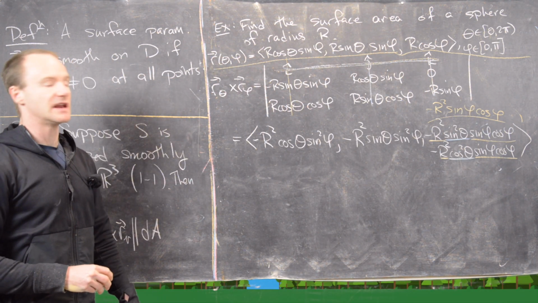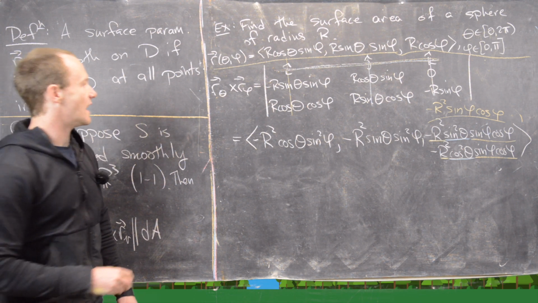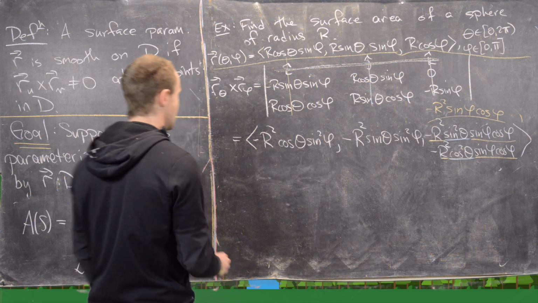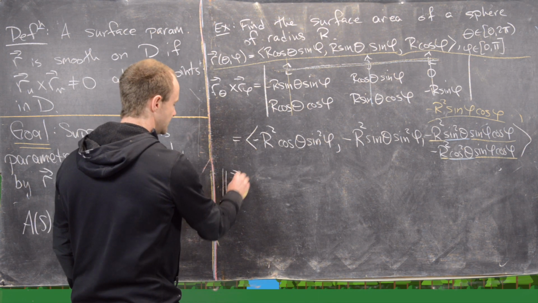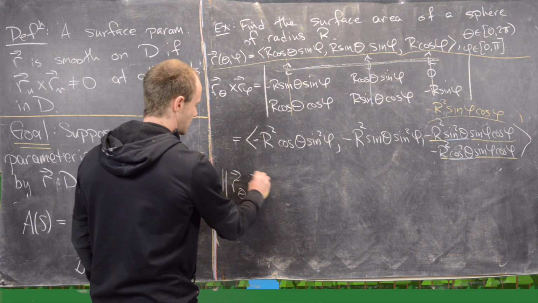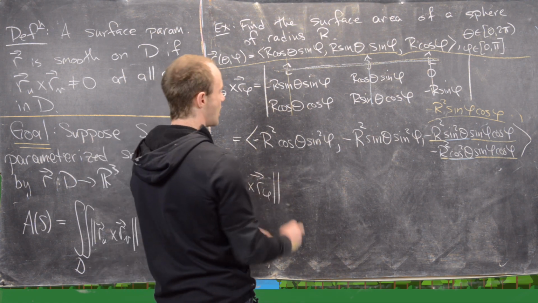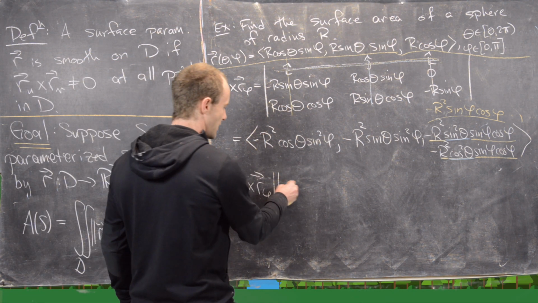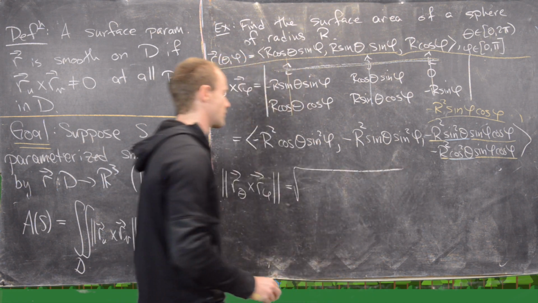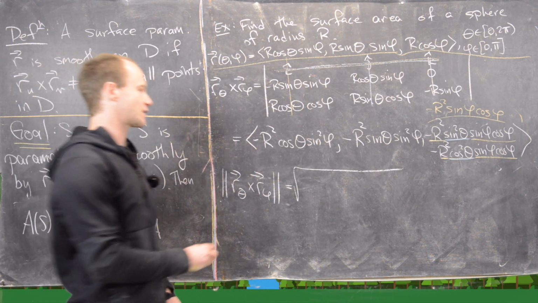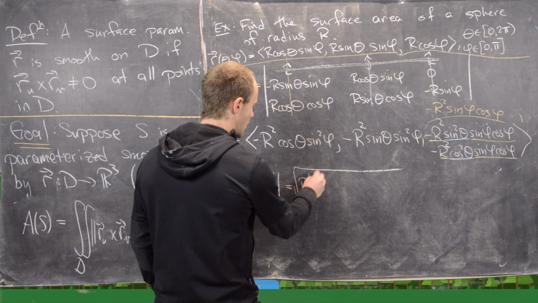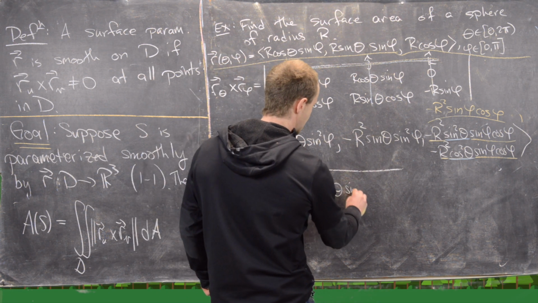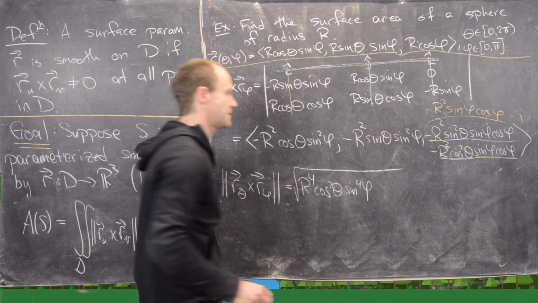Now the next thing we need to do is find the magnitude of this, because that's what goes here. So the magnitude of r theta cross r phi. Recall that's just the square root of the sum of the squares of the components. So that's going to be the square root of this component squared, which gives us r to the fourth cosine squared theta sine to the fourth phi.